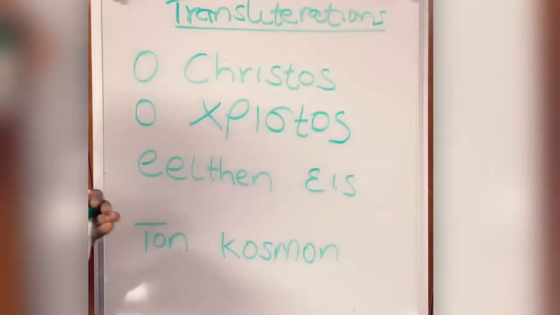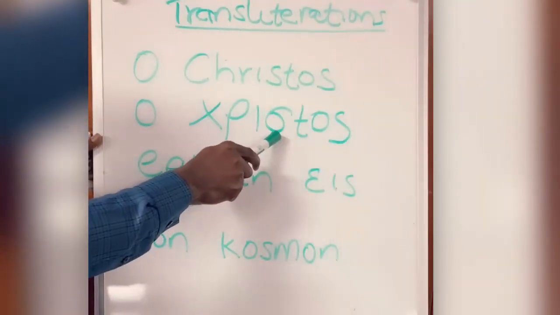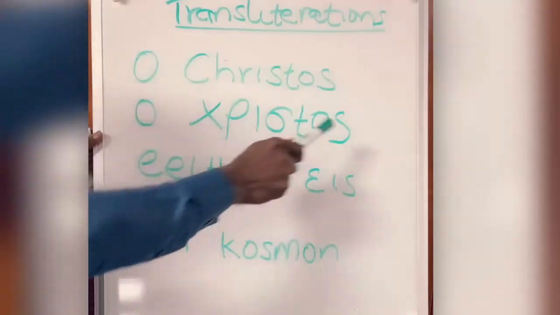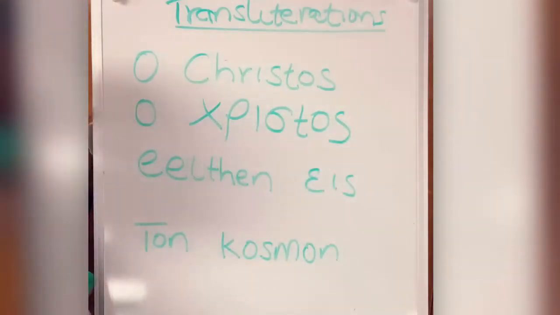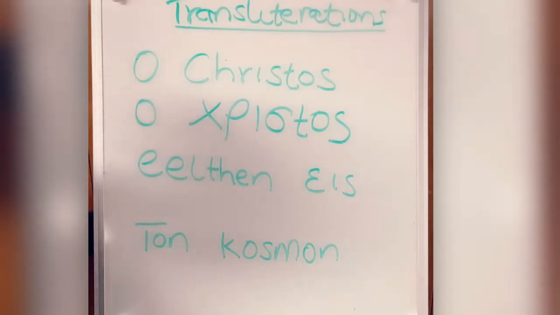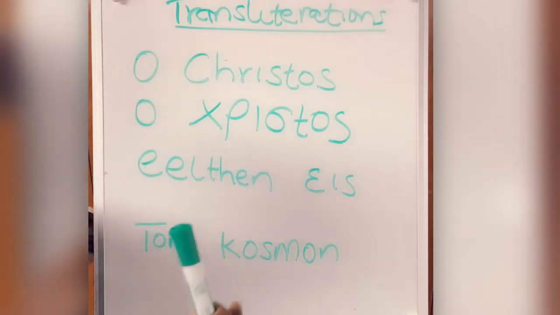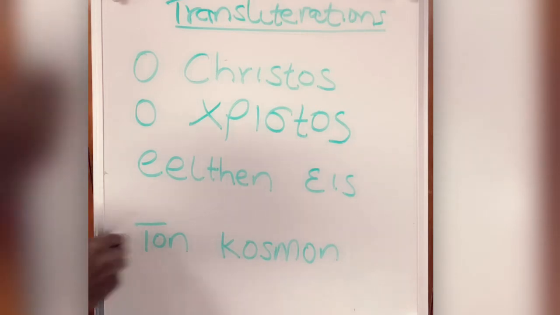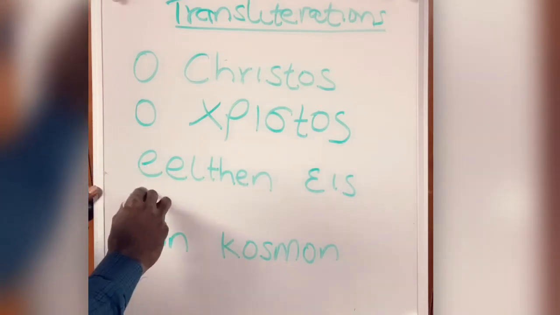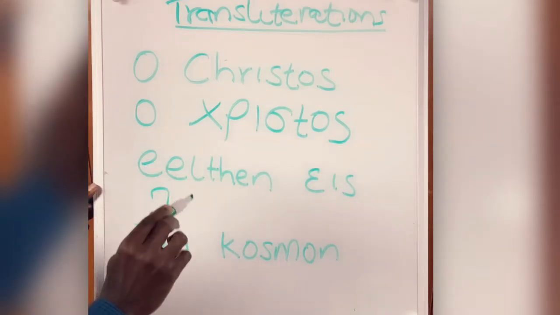Now, look at the difference. You notice that the sigma at the middle is different from the sigma at the end. That was what I explained in the first lesson when I was teaching the alphabet, that there are two sigmas. Now look at this again. Double E is eta, as I told us earlier on.